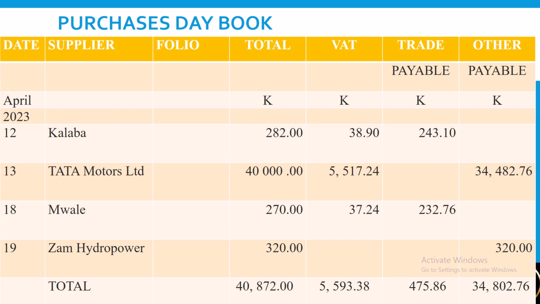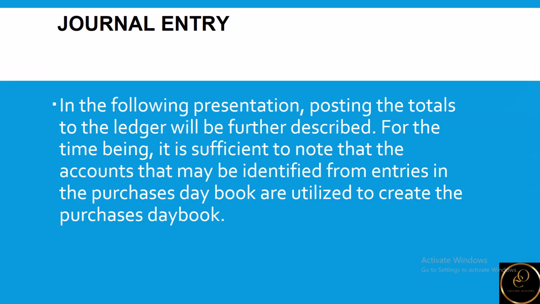So we add up the amounts columns. The total will give us 40,872 kwacha. The total VAT will be 5,593 kwacha 38 ngwe. The trade payables will be 475 kwacha 86 ngwe, whereas the other payables will be 34,802 kwacha 76 ngwe. Let's look at how the journal entry is made.